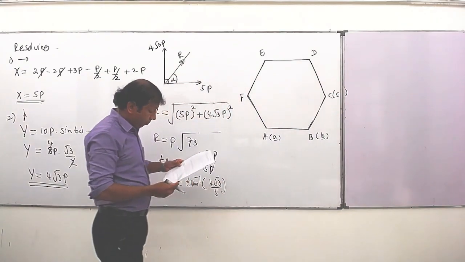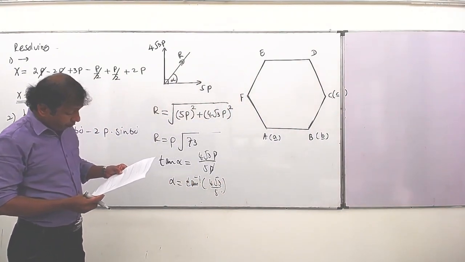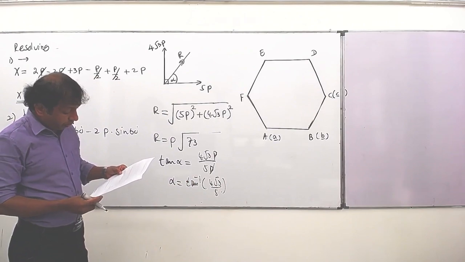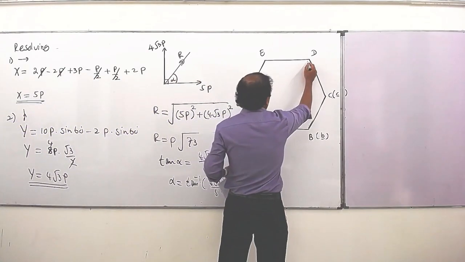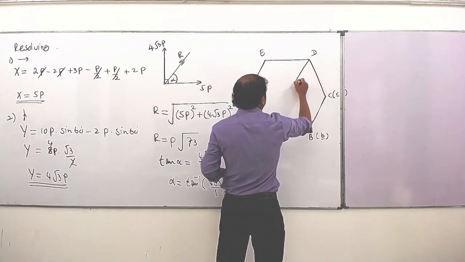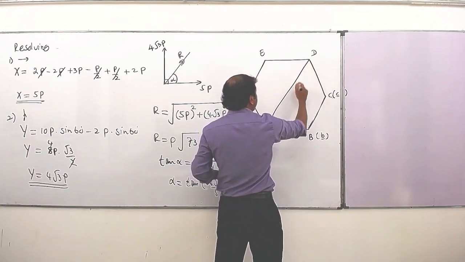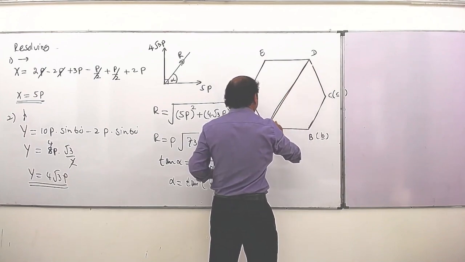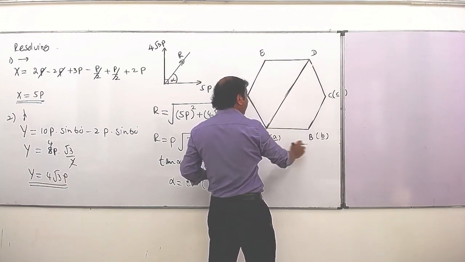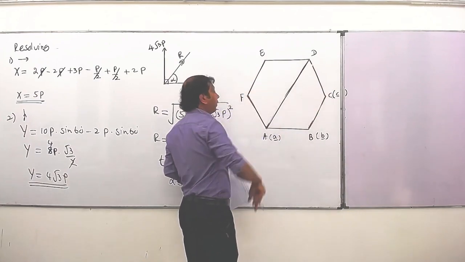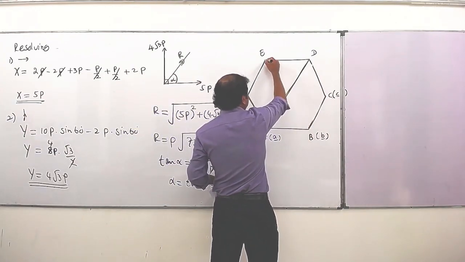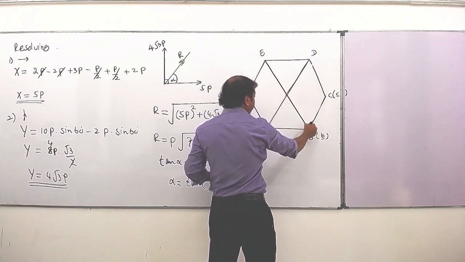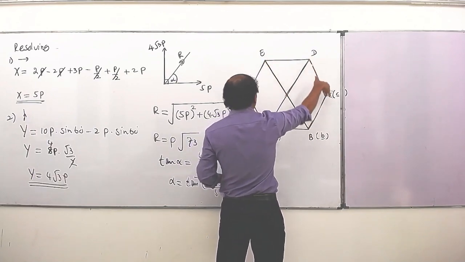I'm asking, show that the position vector of the center of the hexagon. Center means, when we join this AD diagonal, this AD diagonal is parallel to BC side then FE side. Also this BE, when we join, BE side is parallel to CD and this AF.